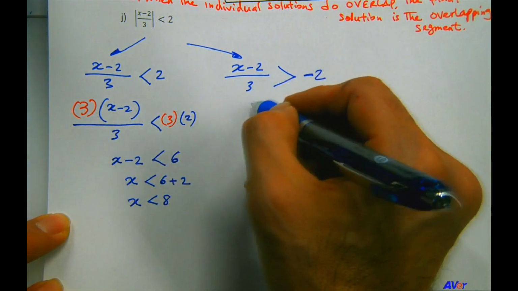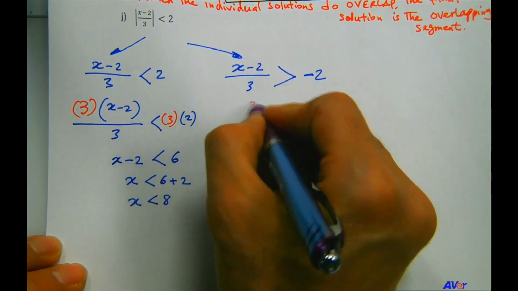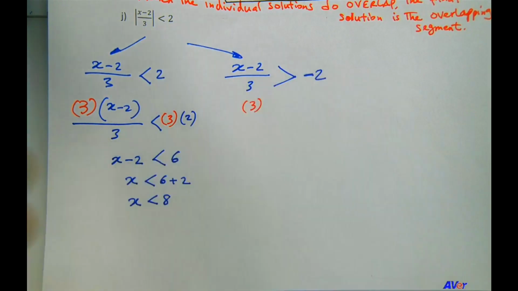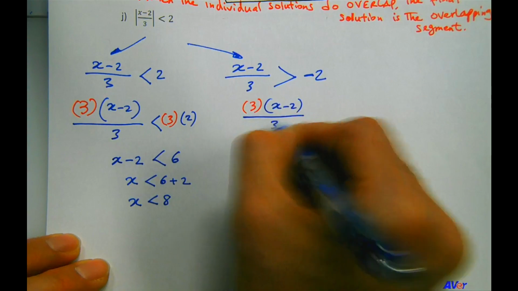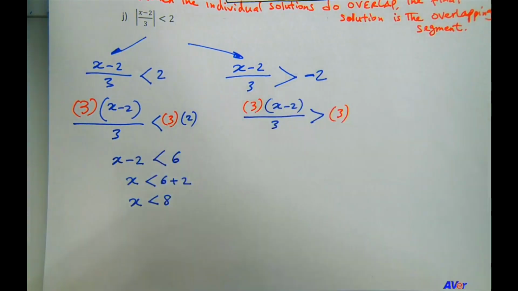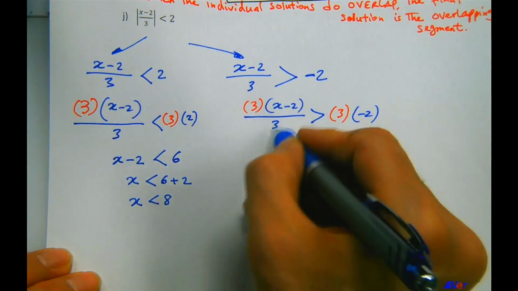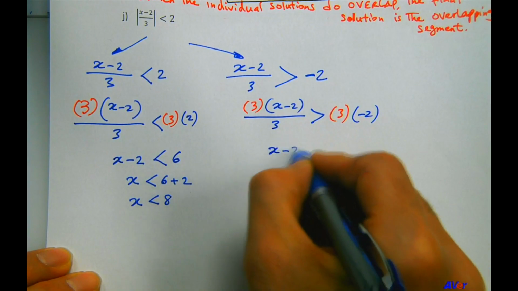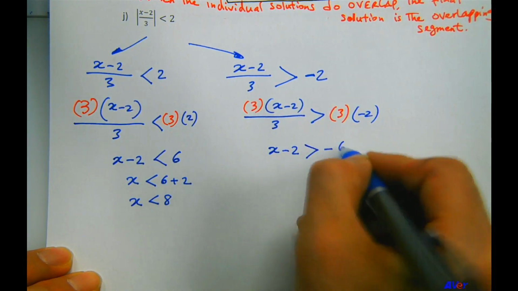Let's find the individual solution on this side. Once again, we're going to multiply both sides by 3 to clear the fraction. Right?